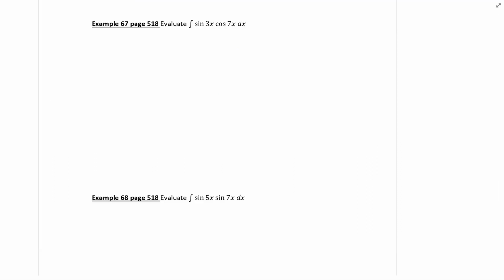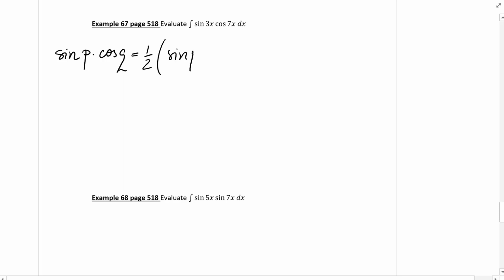Solve integral of sine of 3x cosine of 7x dx. In order to solve this one, we need to know some trigonometric formulas like sine of p times cosine q, which is equal to 1 over 2 times sine of p plus q plus sine of p minus q.